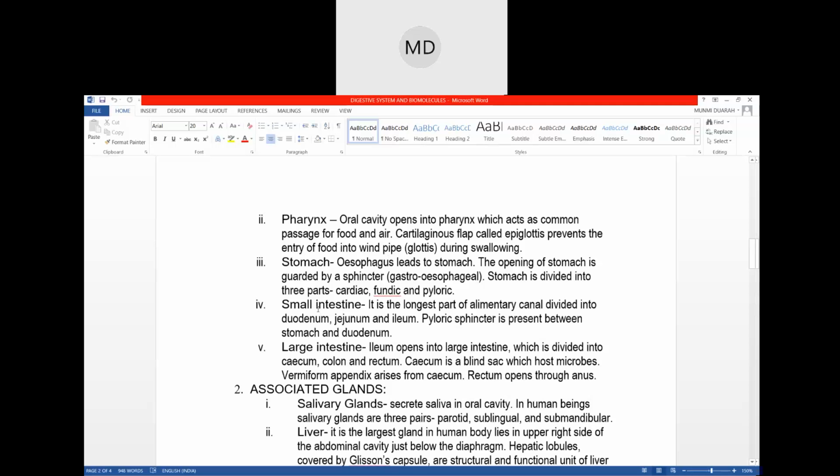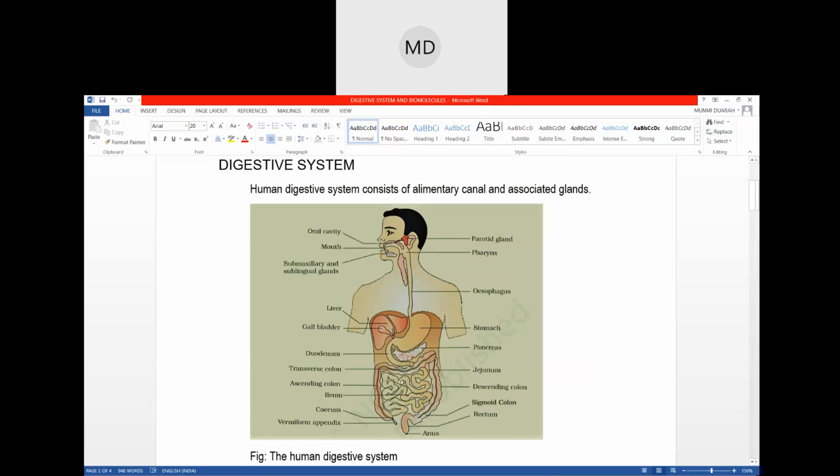Okay, next is the small intestine and large intestine. This portion is the small one, and this one is the large intestine. Here the digestion takes place. Not only will digestion take place in the mouth, it will also take place in the stomach, and in the intestines, and in the duodenum also.